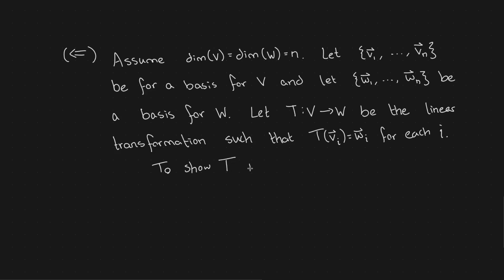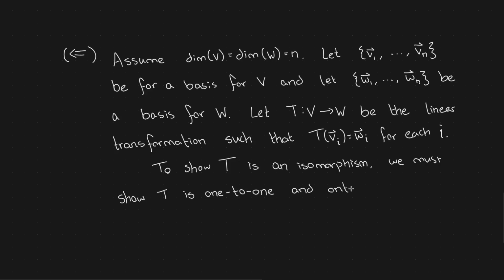So to show T is an isomorphism, we must show T is 1 to 1 and onto.